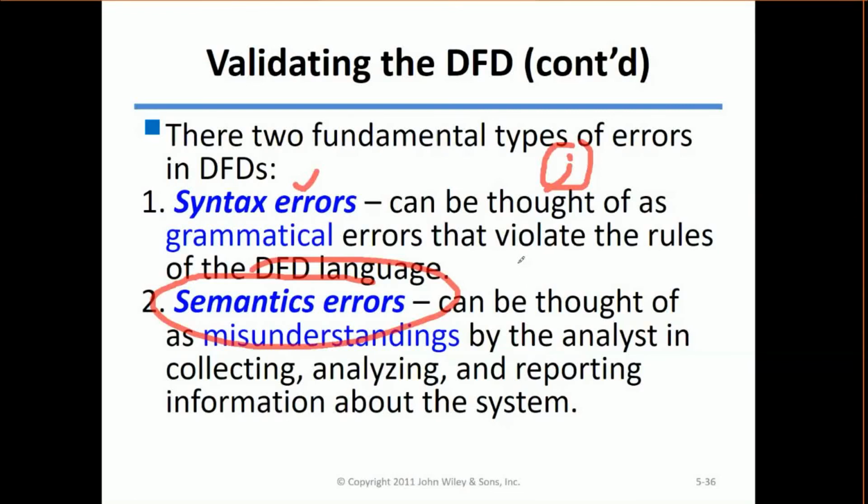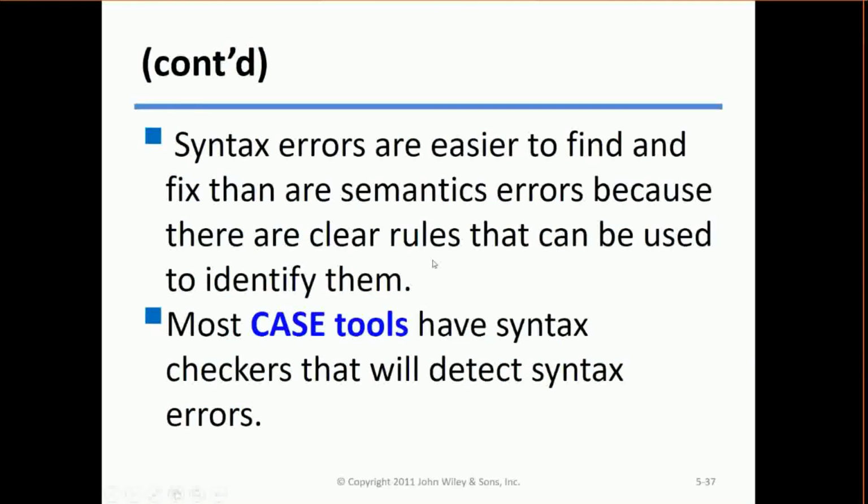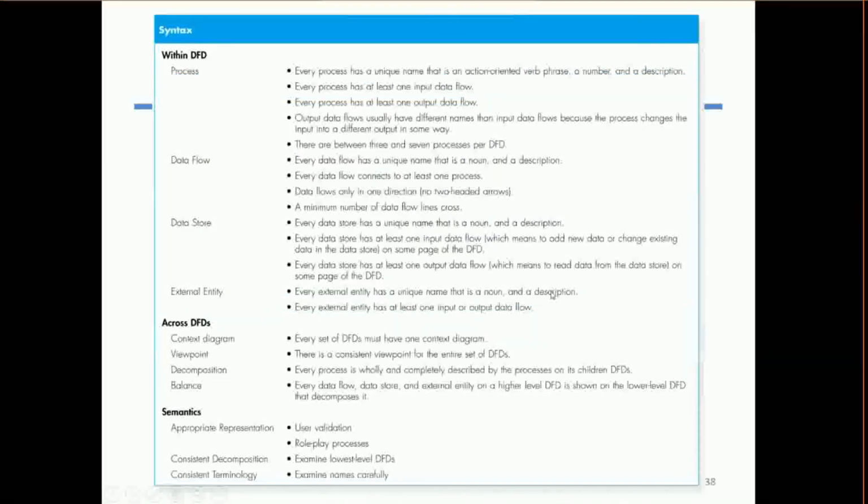Once you misunderstood, your use case diagram will be wrong, and then it will go to the DFD and your DFD will be wrong. That is a semantic error, and it is a very challenging issue to find. So these are two ways of finding errors in your diagram.